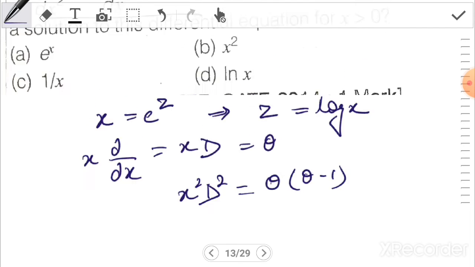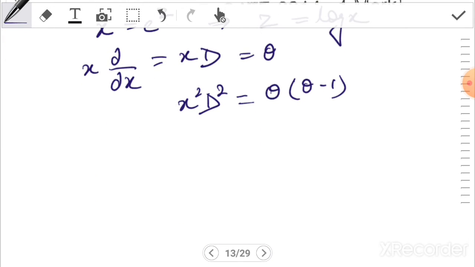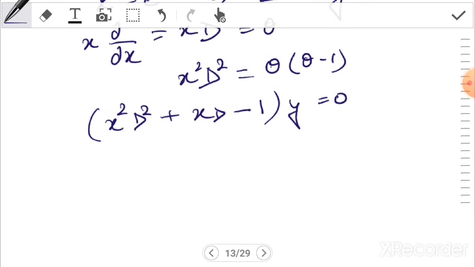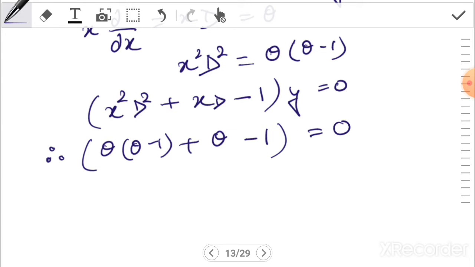Now, this equation can be rewritten as x square d square plus x times d minus 1, so this can be replaced by theta times theta minus 1 plus theta minus 1.